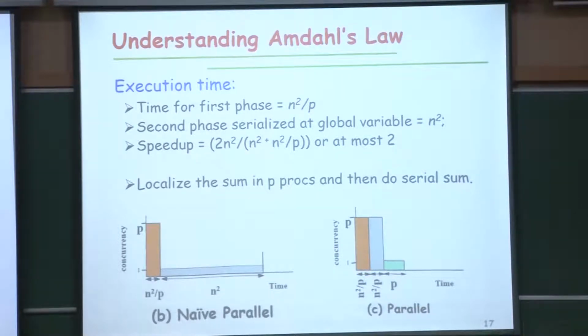So, here you are now able to get a speedup which is close to p. Otherwise, with the first version you would not be able to get a speedup greater than 2. That is really what Amdahl's law says, fairly intuitive. So, whenever you are parallelizing a program, make sure that you reduce the sequential part as much as possible. That is the point being made here.